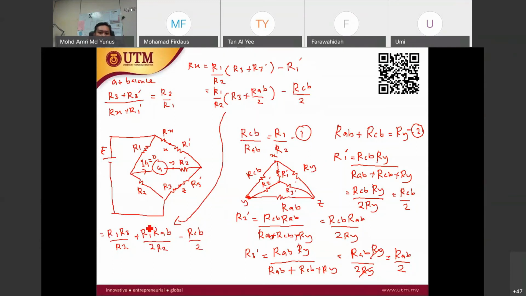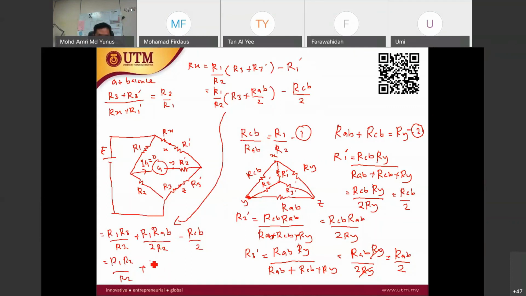Now look at here. We know that R1 over R2 is equivalent to RCB over RAB. So R1 R3 over R2 plus, here we know R1 over R2 is equivalent to RCB over RAB.